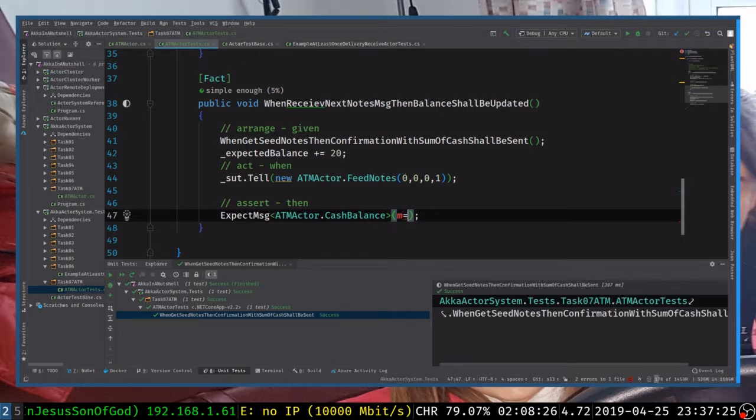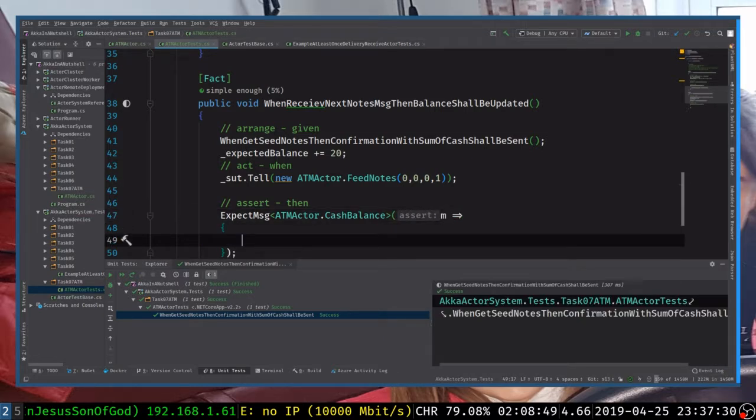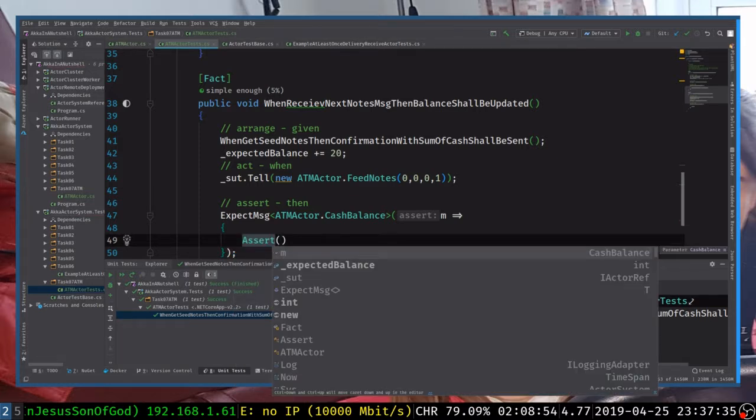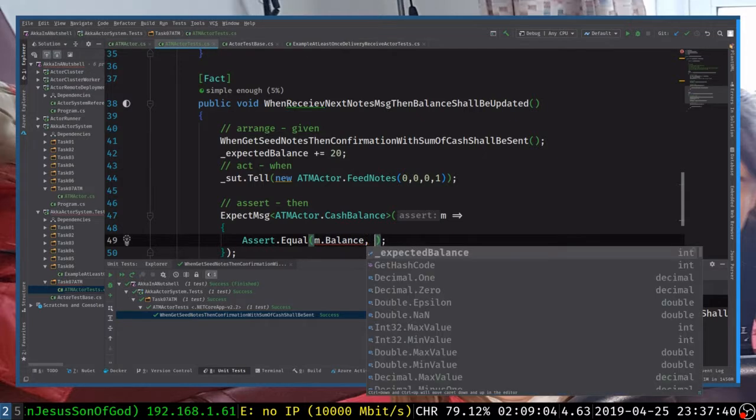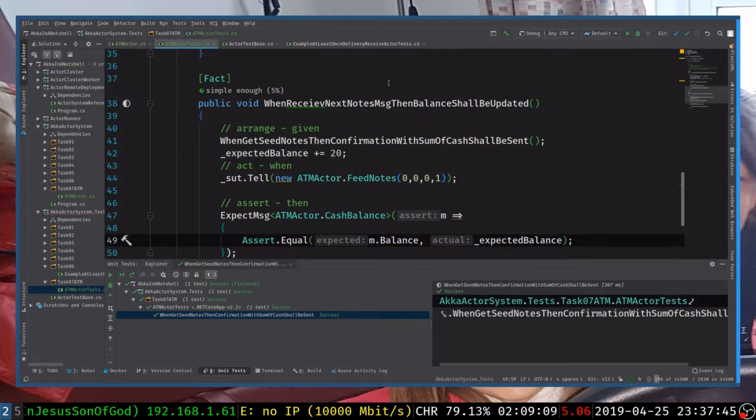So here let's do the assertion, m dot balance, and then we have expected balance. Okay, so now we'll run it.